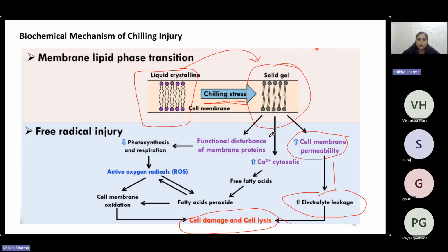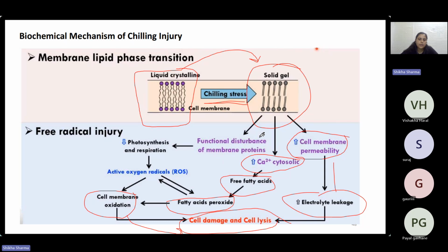Also, because of solid gel formation in the cell membrane, more cytosolic Ca2+ will form, and free fatty acids will form, and finally the fatty acids will undergo peroxidation, and the cell membrane will also oxidize, and cell damage will be there.